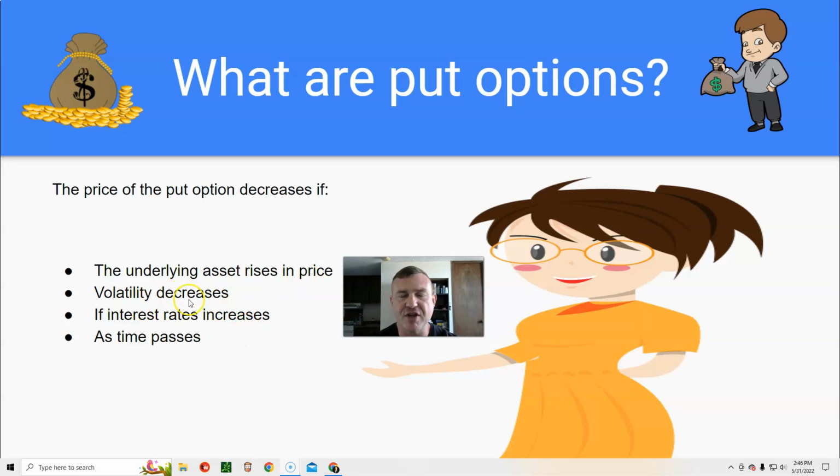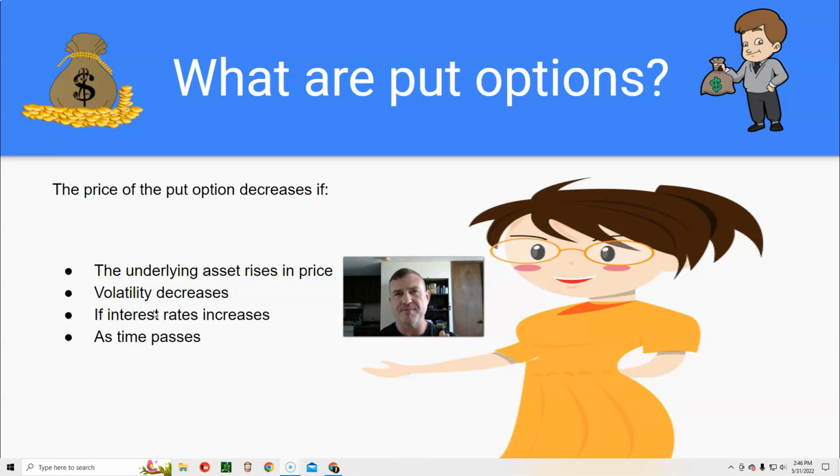If volatility decreases, if things kind of start stabilizing, then that will have a decreasing impact on the value of a put option. If interest rates increase, and as time passes.